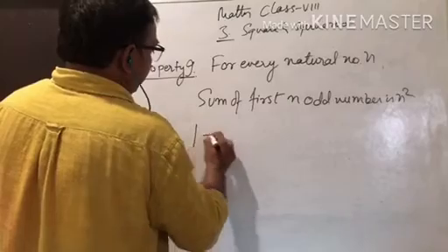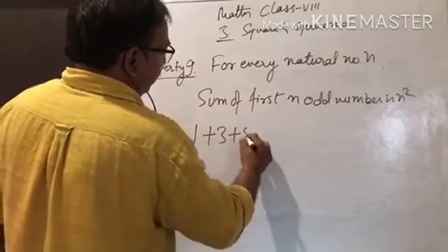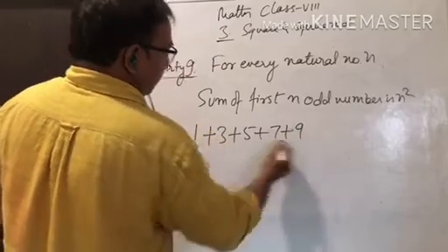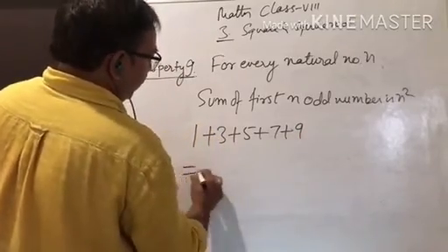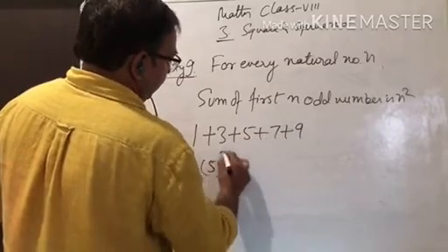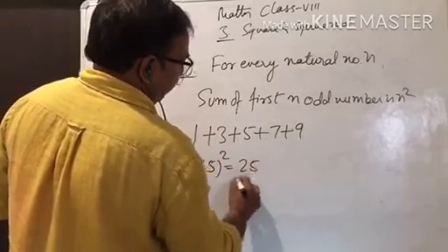For example, 1 plus 3 plus 5 plus 7 plus 9, suppose this. So it will be better to count 1, 2, 3, 4, 5, and the answer will be 5 square, which is equal to 25.